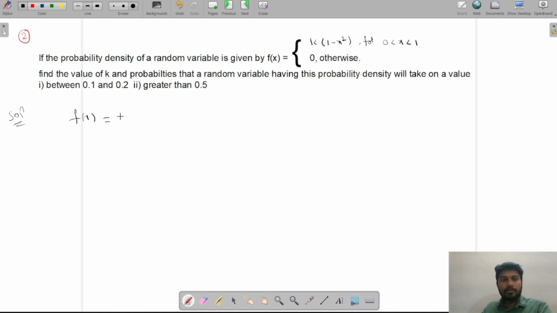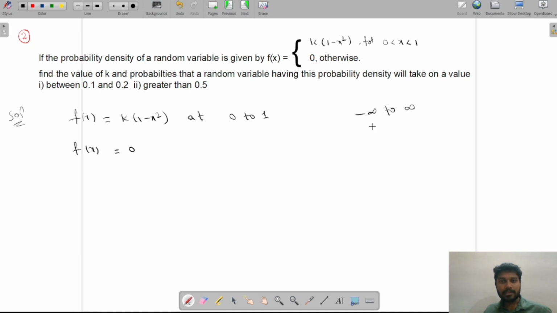See, f of x equal to k of 1 minus x square happens at 0 to 1. Then when will f of x equal to 0 happen? Because in the question he mentioned otherwise. So otherwise, in the sense, can I say except 0 to 1 in minus infinity to plus infinity.